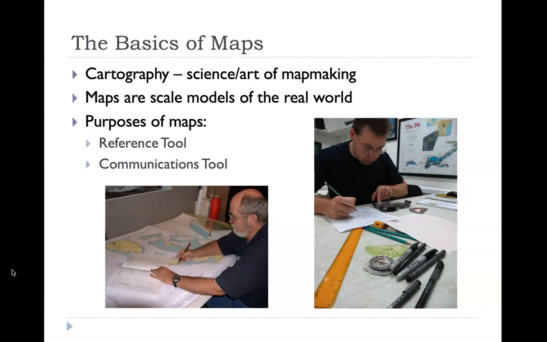A road map would be a good example of that. The maps that you see on your phone would be the purpose of maps, right? The second purpose of maps is as a communication tool. Right, and it's going to explain why things are where they are, or where things are located.